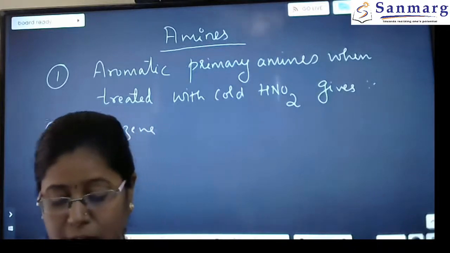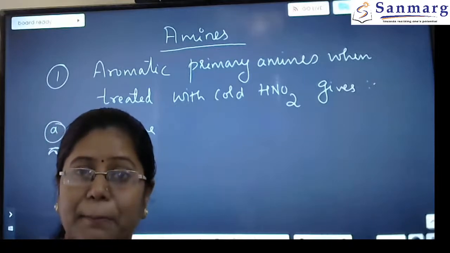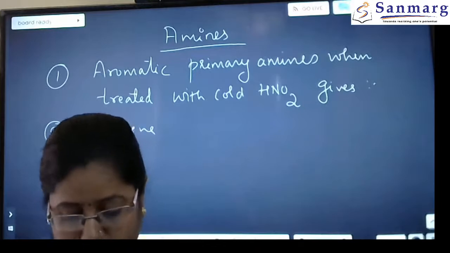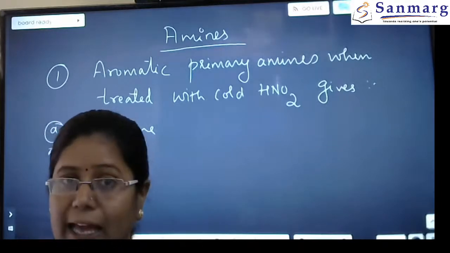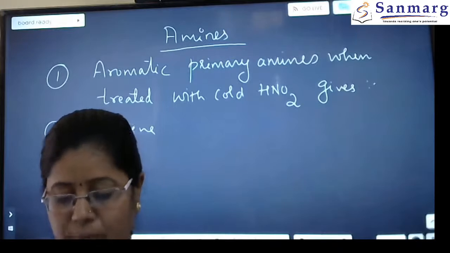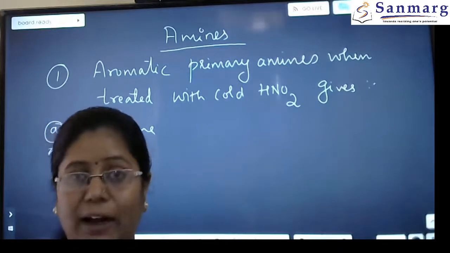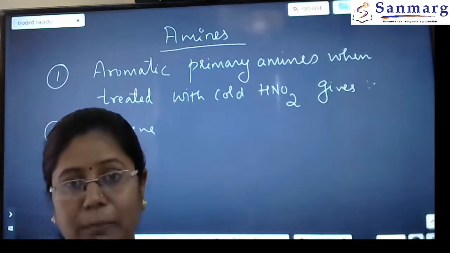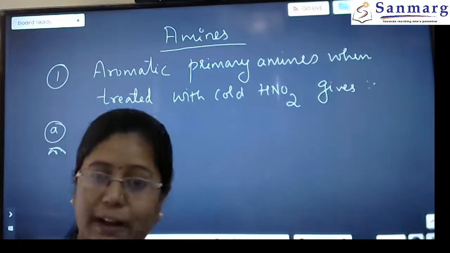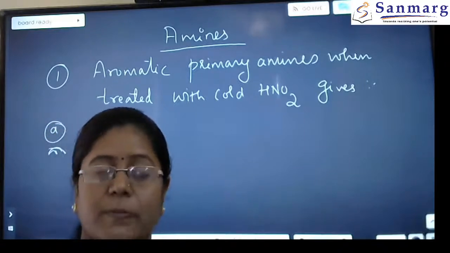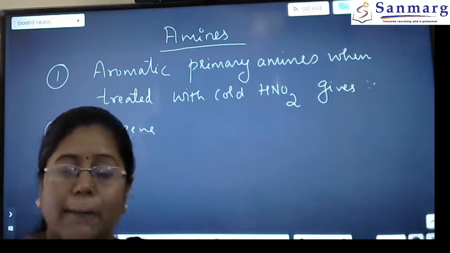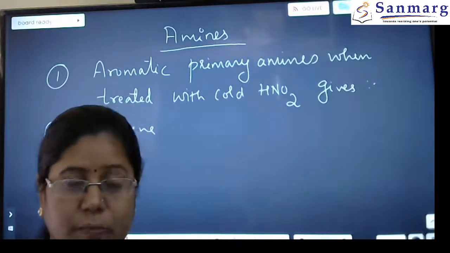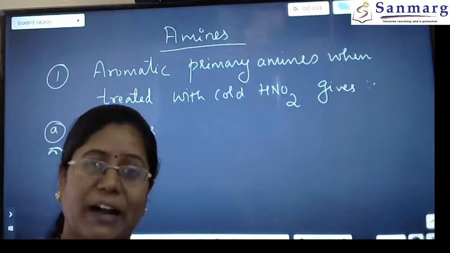The question asked is: the carbylamine reaction is used for detection of what? Option A, aliphatic secondary amines; option B, aliphatic primary amines; option C, aromatic primary amines; option D, both aliphatic and aromatic primary amines. The carbylamine test distinguishes primary amines, aliphatic as well as aromatic.